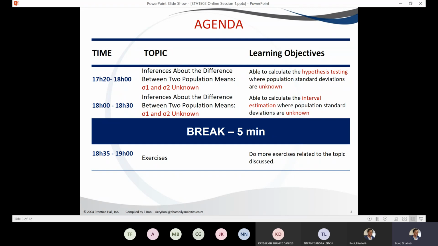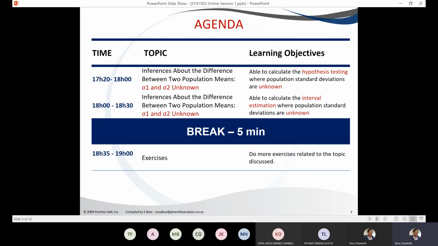If the population variances are unknown, we're going to first look at hypothesis testing. How do we apply the hypothesis techniques to answer some of the questions? And then later on, we're going to look at how we calculate the confidence intervals. And then later on, we do lots of other exercises. If we have enough time, we will do more exercises.